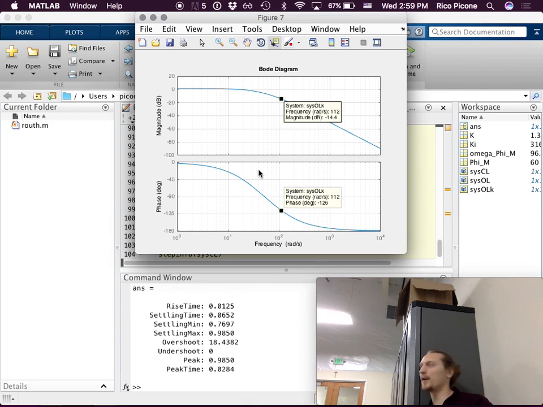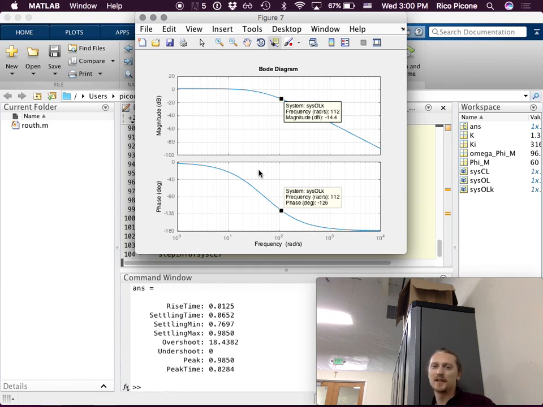If you start out with a stable system, chances are that if you increase the gain enough, it's going to go unstable. You'll be able to know that when your gain margin and phase margin start to become negative, and you can tell that on the Bode plot.